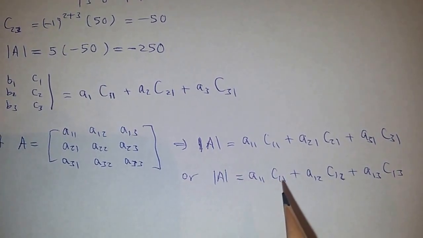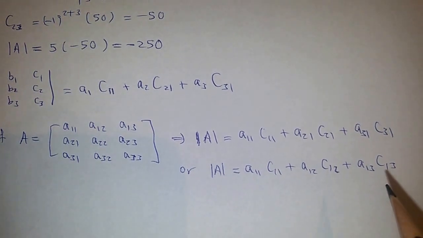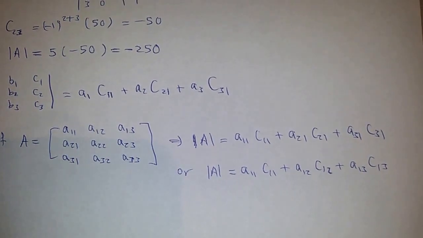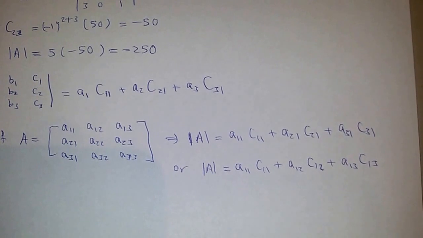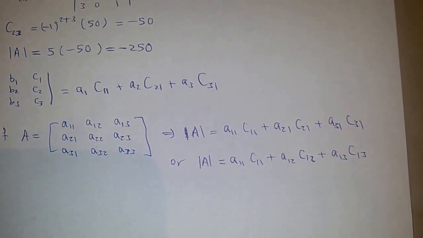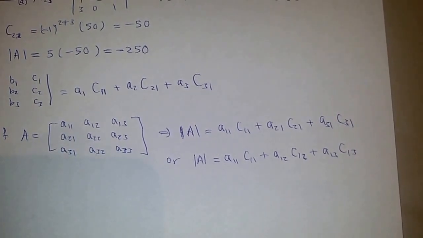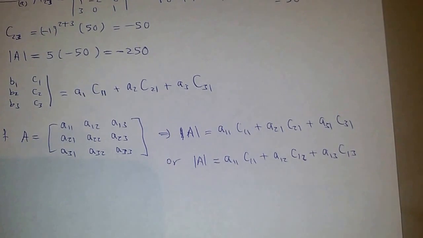So it would be A11 times C11, A12 times C12, A13 times C13, or you can choose any other row or column. Just multiply each number by its cofactor to get the determinant of A of any order, 3 by 3, 4 by 4, or 5 by 5, or higher.